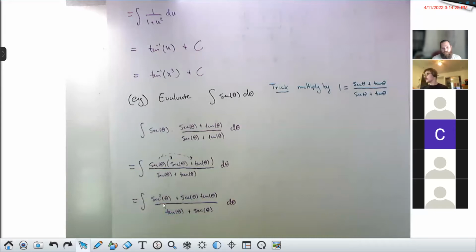But the derivative of tangent is secant squared, just like the derivative of secant is secant tangent.